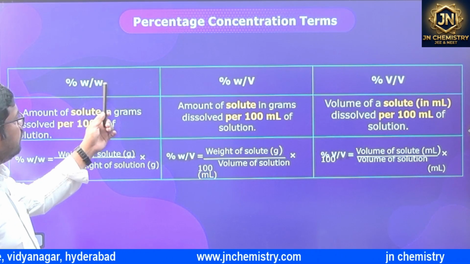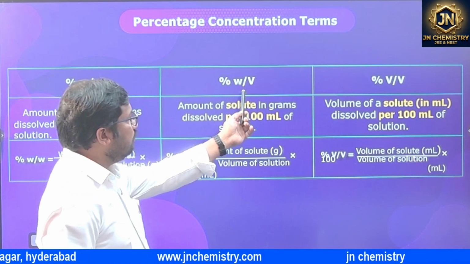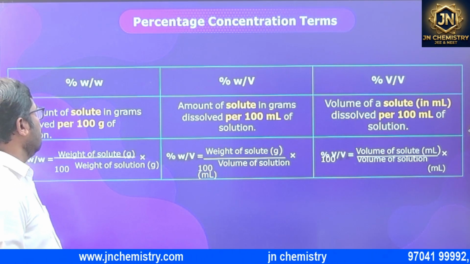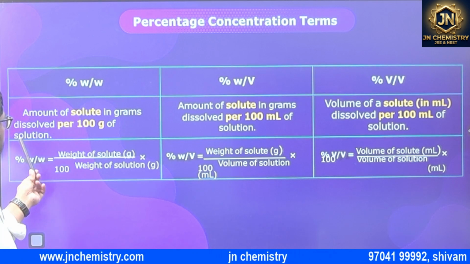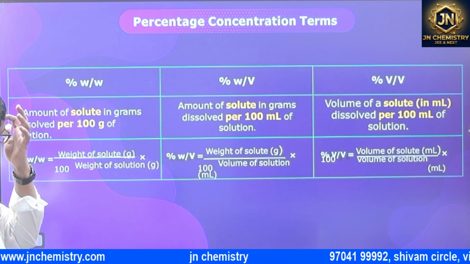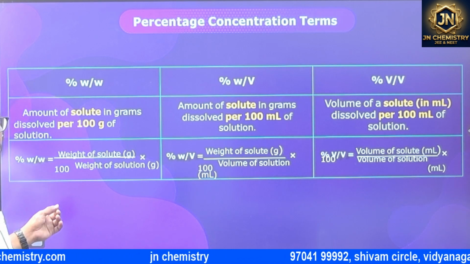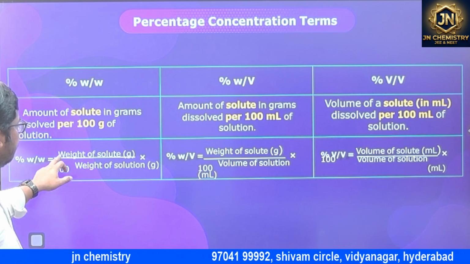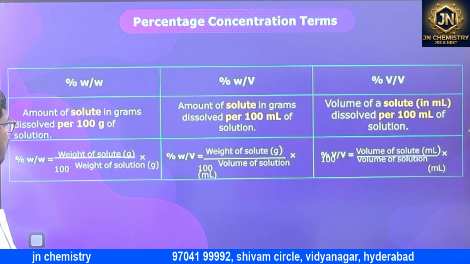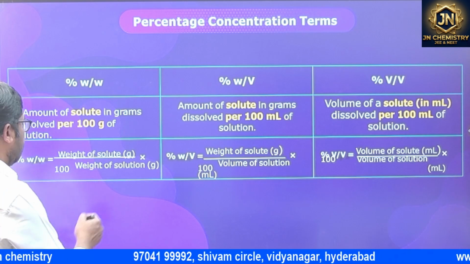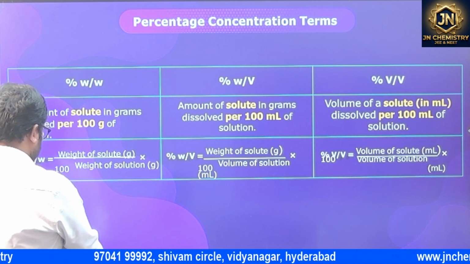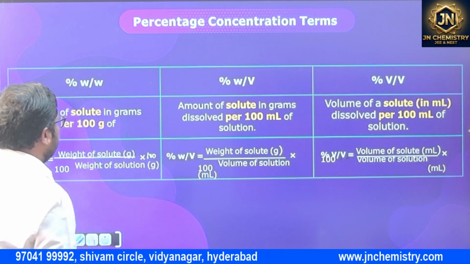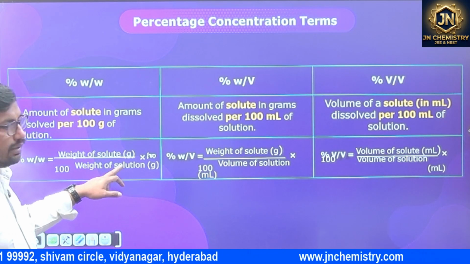Percentage concentration terms here. Percentage weight by weight, percentage weight upon volume, percentage volume upon volume, right? The amount of solute in grams dissolved in 100 grams of solution. So percentage weight by weight is weight of solute by weight of solution into 100.